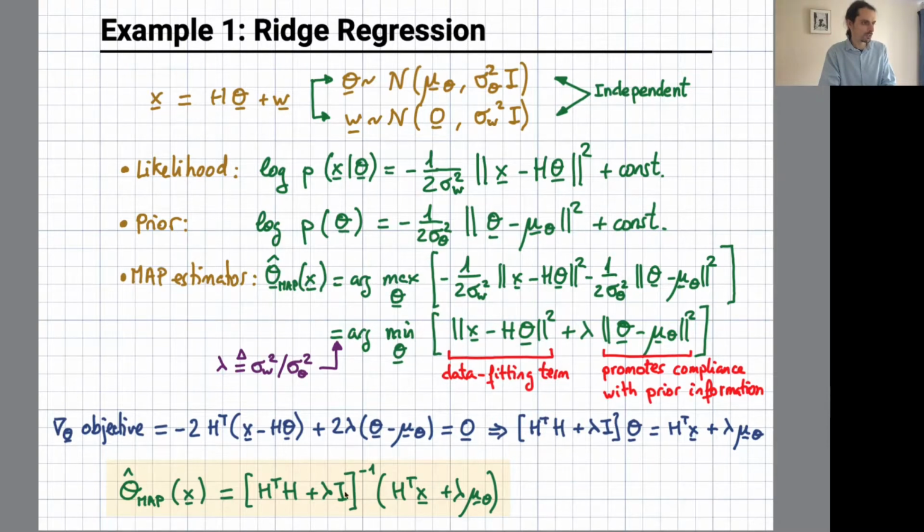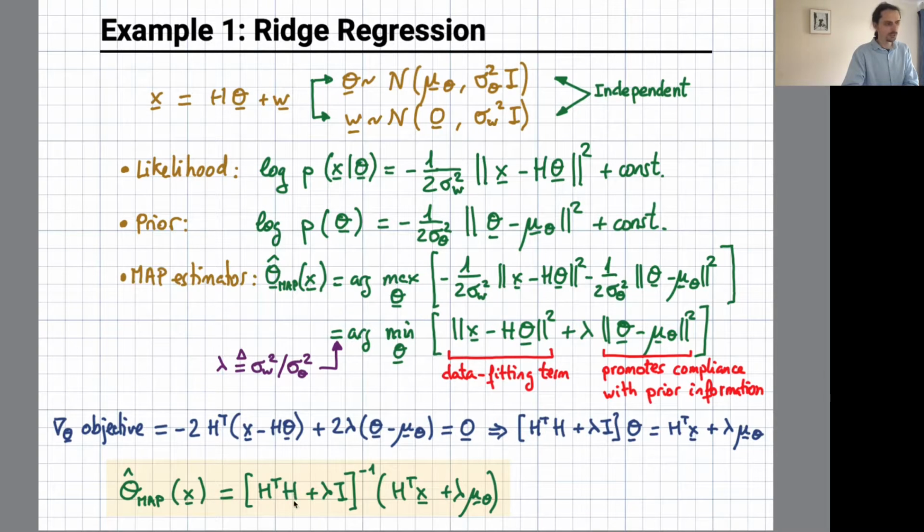The second observation is that because of this matrix that we are adding here, we no longer have issues with the invertibility of this matrix. Remember that when we talked about least squares estimators, we needed to require that this matrix H had linearly independent columns.